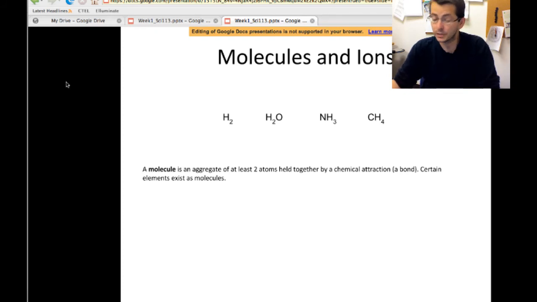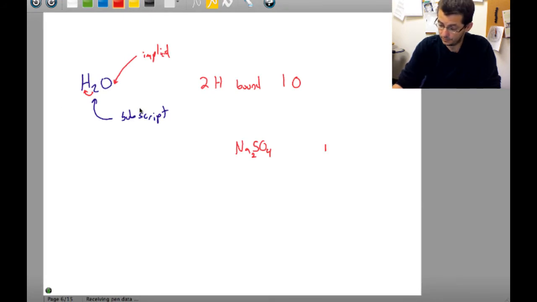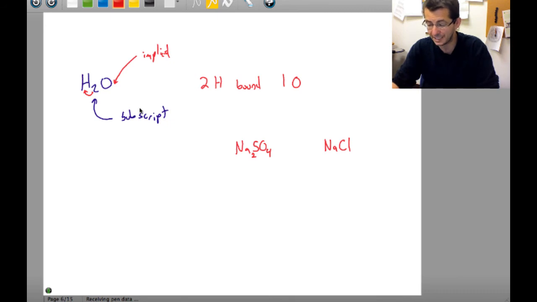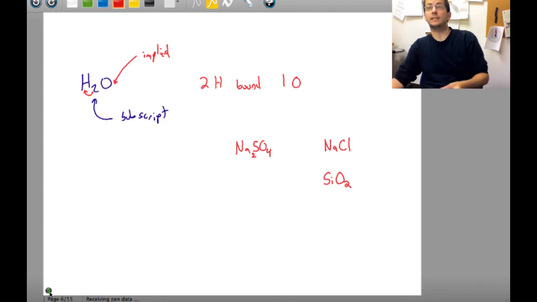Now, some materials, particularly ionic materials like NaCl, don't exist as 1 sodium ion bound to 1 chlorine ion. And other materials like SiO2, quartz, do not exist as discrete silicons and oxygens bound together.